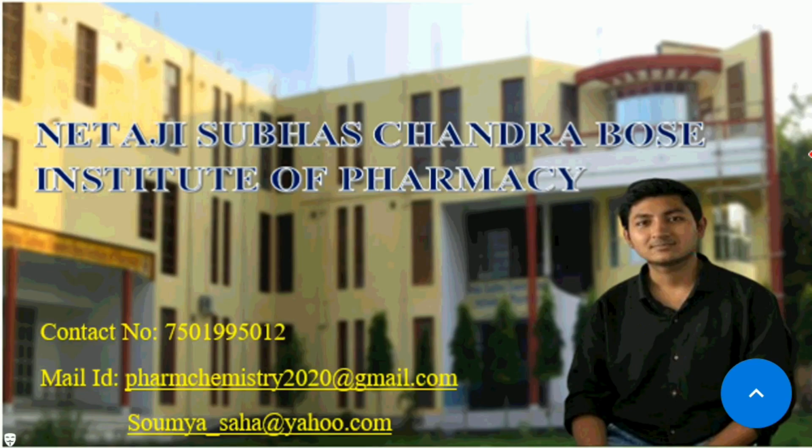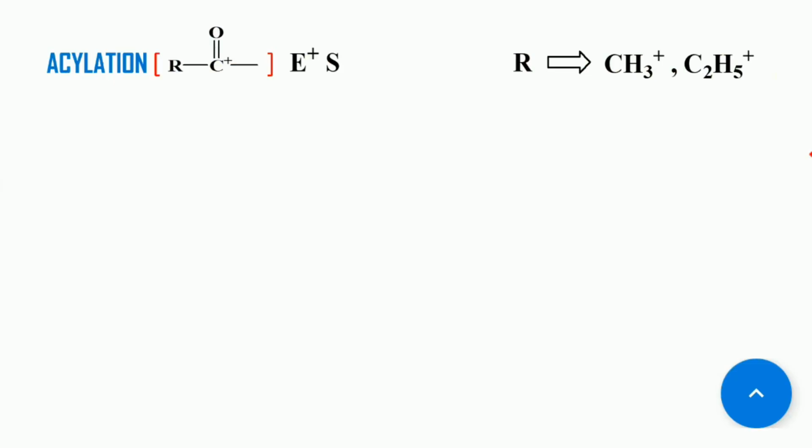Today we are going to study Friedel-Crafts acylation of benzene. We all know that it's also an electrophilic substitution reaction of benzene. So here the electrophile is this one: R single bonded to carbon, which is double bonded to oxygen.